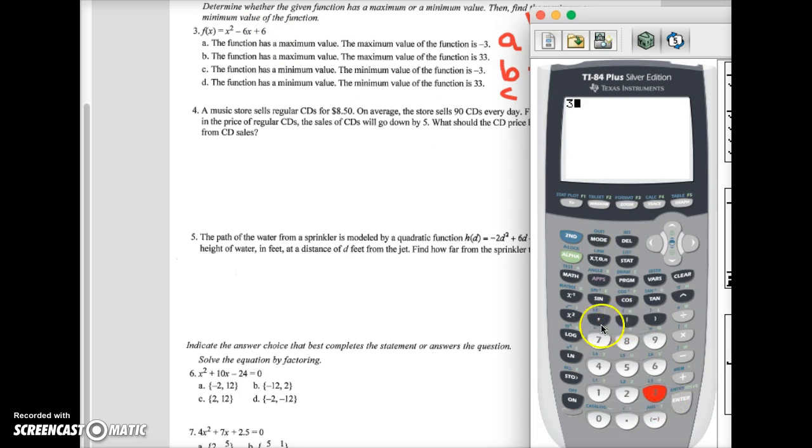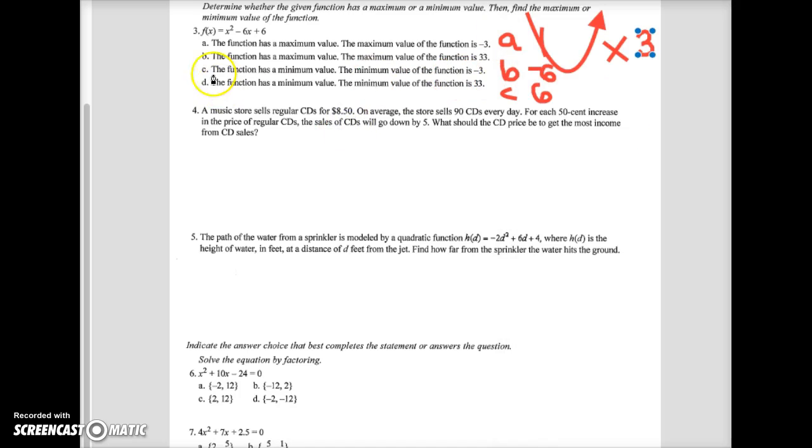So I've got 3 squared minus 6 times 3 plus 6. Just plugging in 3 in the equation, and I get negative 3. That means the minimum value is negative 3. So back over here, that means I know my answer for number 3 is C.